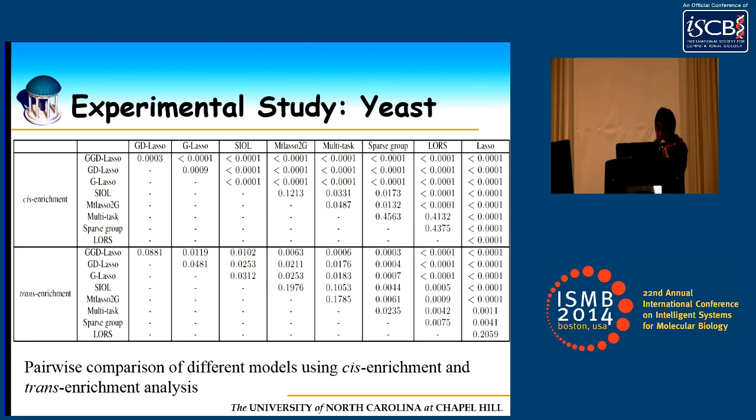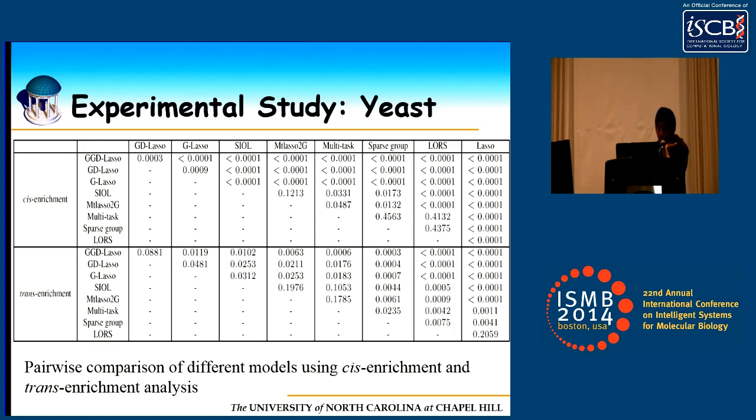We also find that all the methods that integrate prior network knowledge outperform those that do not. For example, LORS and the Lasso method do not consider the prior knowledge. And we can also see that LORS outperforms Lasso because LORS further considers the confounding factors.